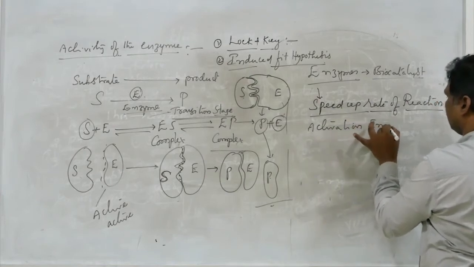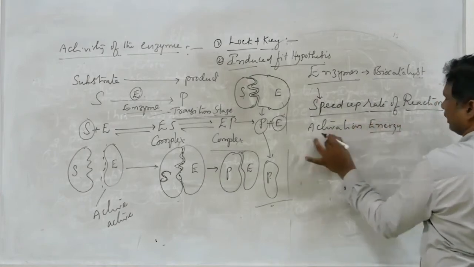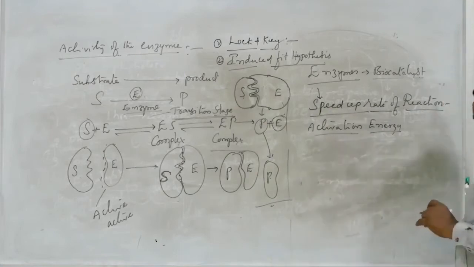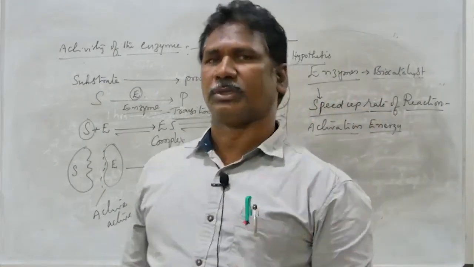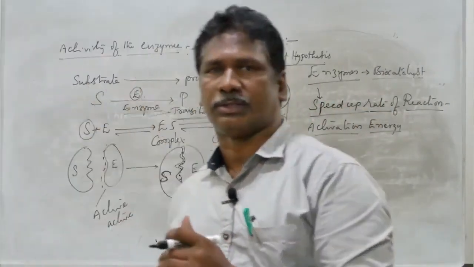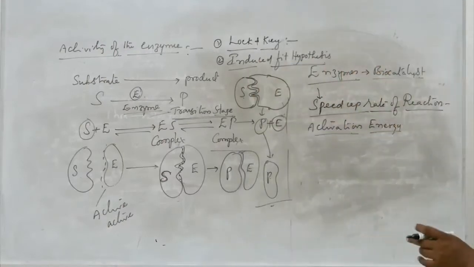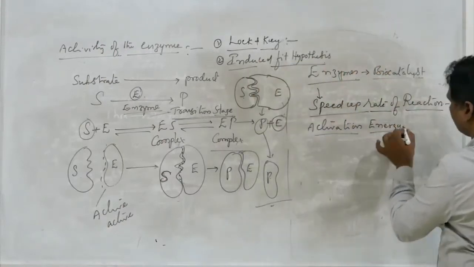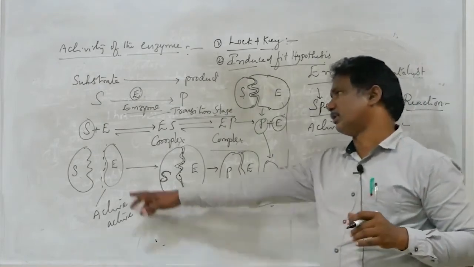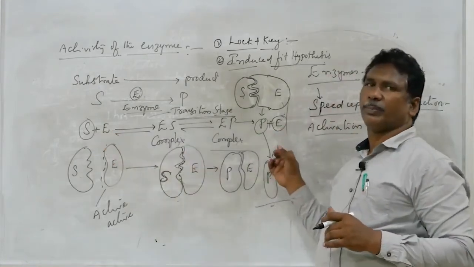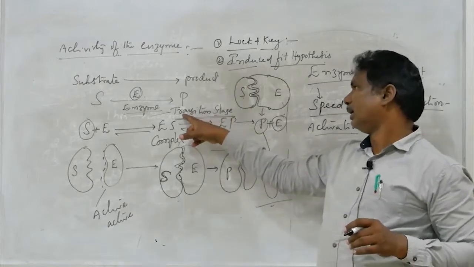The free energy which is required for the conversion of the substrate into product is simply called activation energy, used to overcome the energy barrier, which is called the transition state.